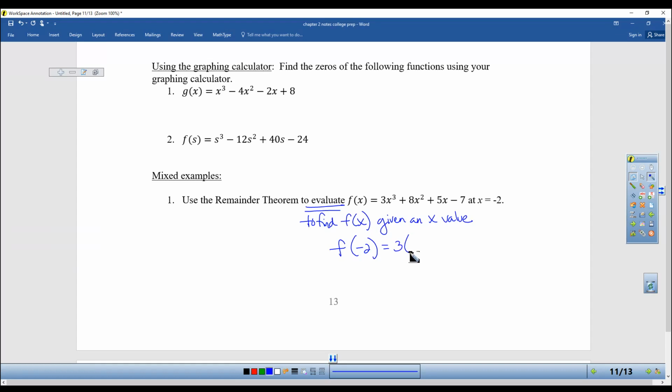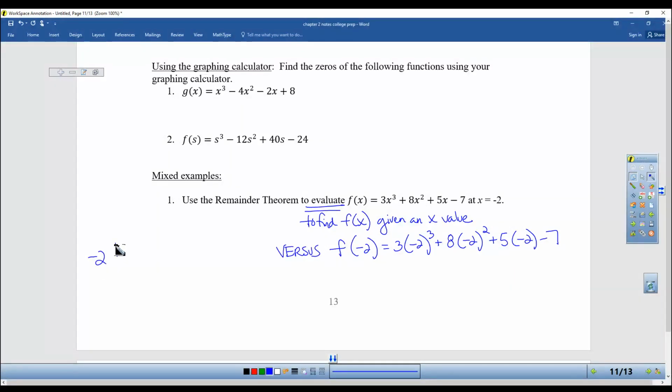And you're welcome to do that. 3 times -2 cubed plus 8 times -2 squared plus 5 times -2 minus 7. So if you would like to do that by hand, if this is in the no calculator section, the question is, which is faster?